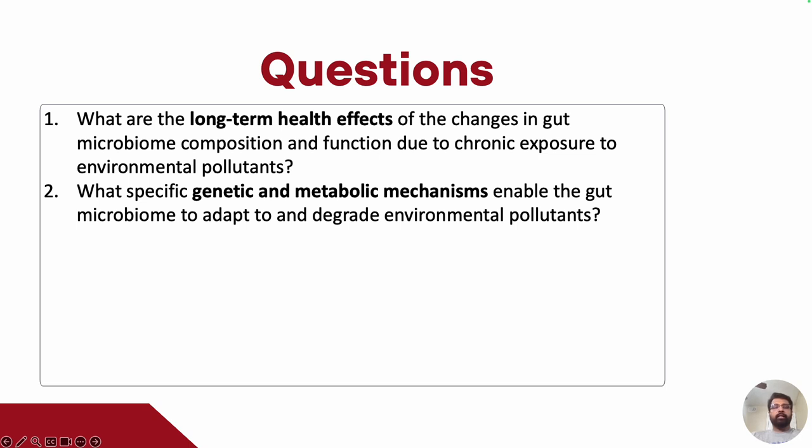You have noticed that they particularly looked for the dioxin-degrading genes, which were more abundant when exposed to a high amount of dioxins, which they proved from the serum plasma concentration. So what would be the specific metabolic mechanisms that enable that? That would be a cool thing to study.